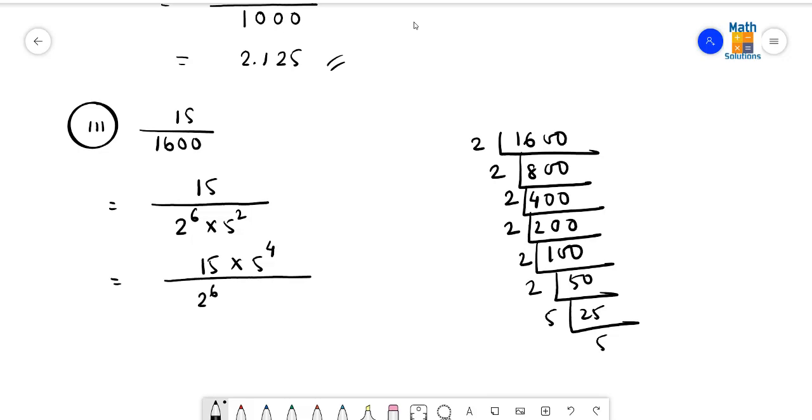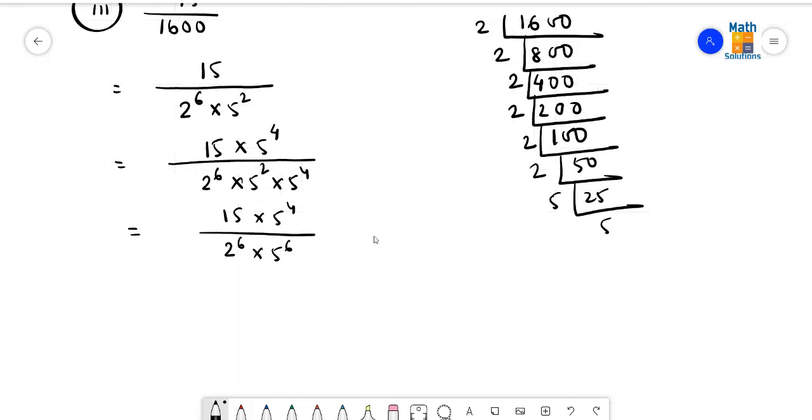So I get here 15 into 5 to the power 4 divided by 2 to the power 6 into 5 to the power 6. So let us break it. 15 into 5 to the power 4 will be 625 times 15, and in the denominator part we can write here 10 to the power 6. So let us multiply the numerator part.